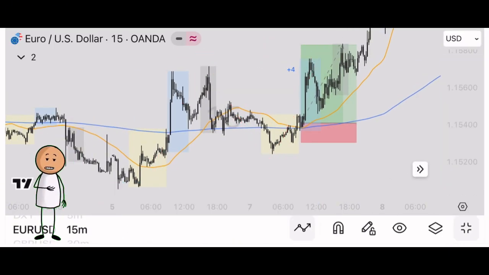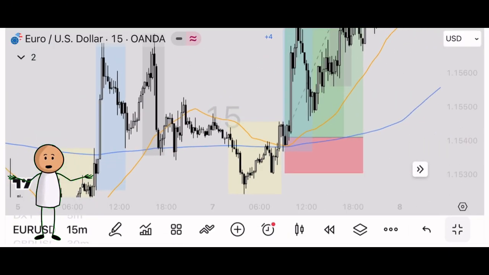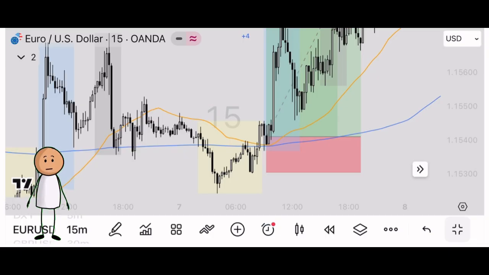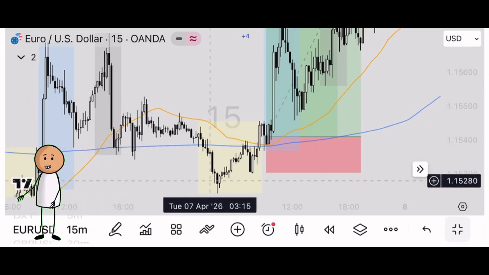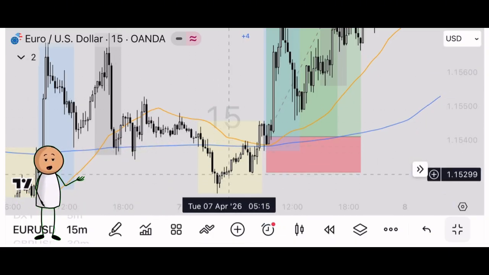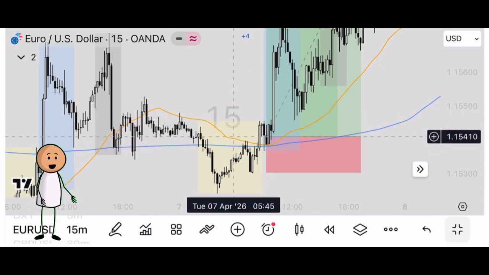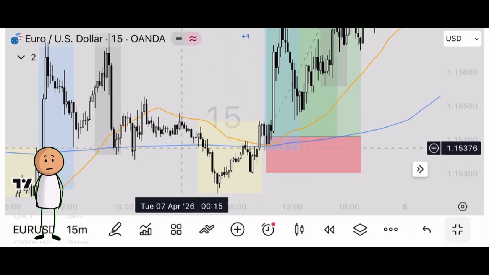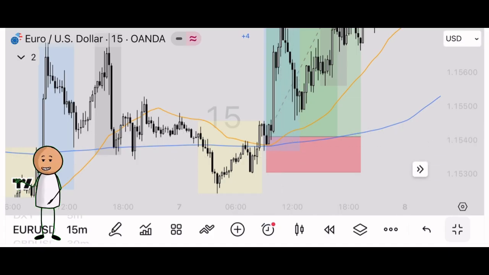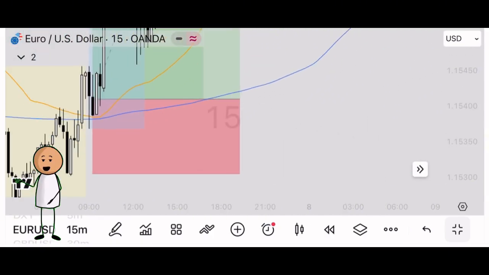Even though we still have that higher time frame high, we're still going to use our stop loss rule: if we have a stop loss between 5 and 10, closer to 10 we take it 1:4, closer to 5 we take it 1:5.